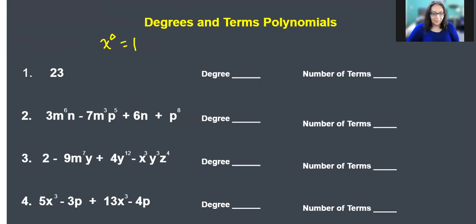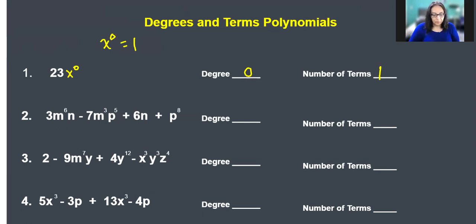So I can take this constant and I can put an x to the 0 next to it. It doesn't change it. It's still 23, because 23 times 1 is 23. So the degree of any constant would be 0. Now, the number of terms, well, we only got 1 number, so we got 1 term.